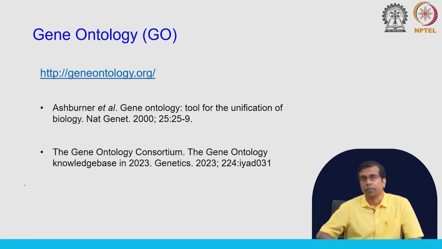One of the major tools for this gene set enrichment analysis is the gene ontology. This is a resource where this kind of association information is present. Here is the link where you can find this information, and these are the references. I will briefly mention what gene ontology is, and of course, I encourage you to explore more by going through the resources present on the website.